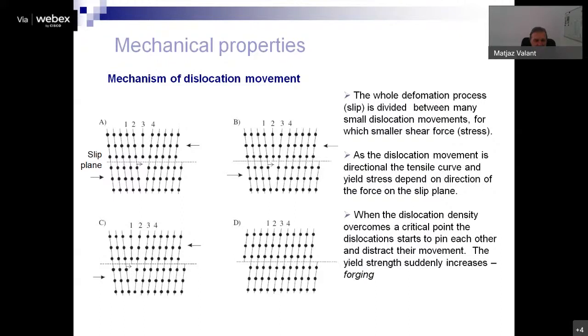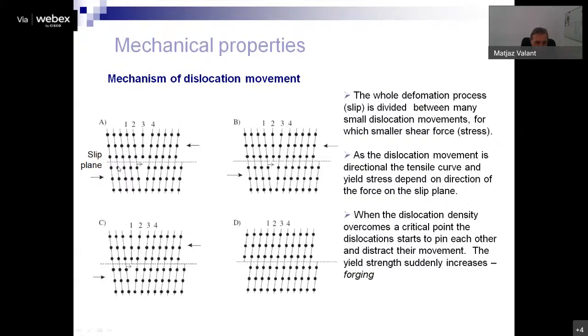So what we cause with the applied force is the movement of dislocations. In fact this is movement of the atoms, basically a break of some atomic bonds and creation of other atomic bonds, as is now shown in this picture.